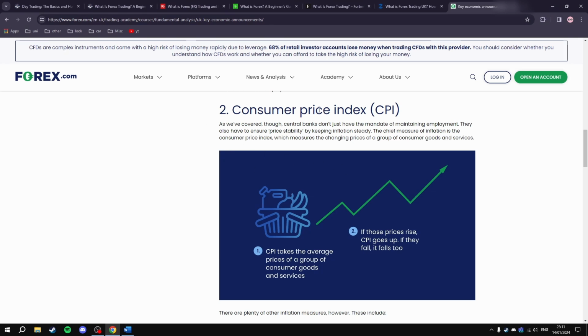So consumer price index. As we've covered, central banks don't just have the mandate to maintain employment. They also have to ensure price stability by keeping inflation steady.